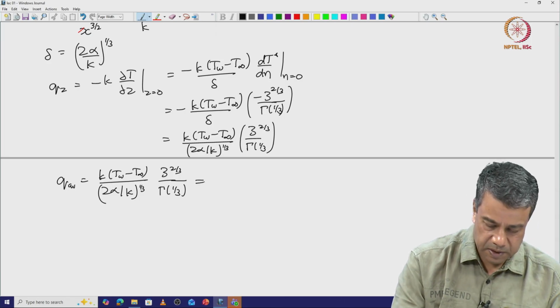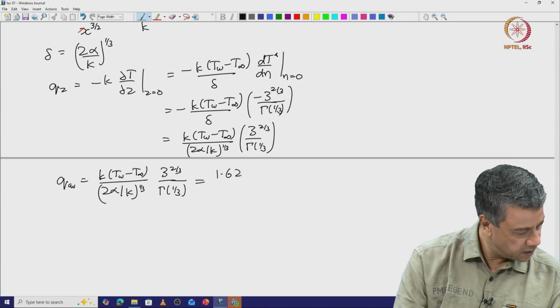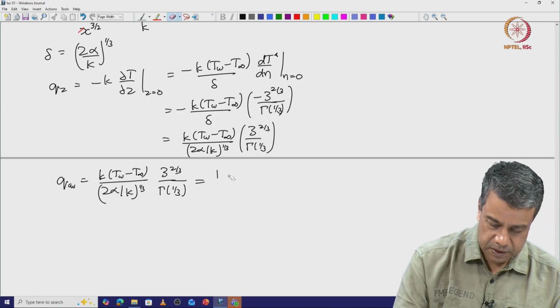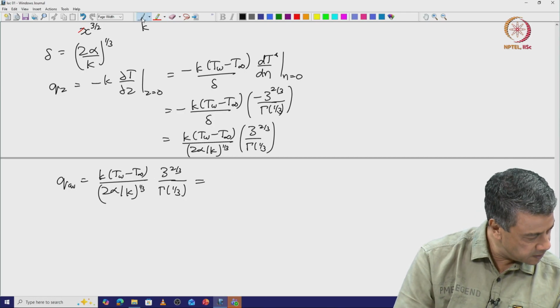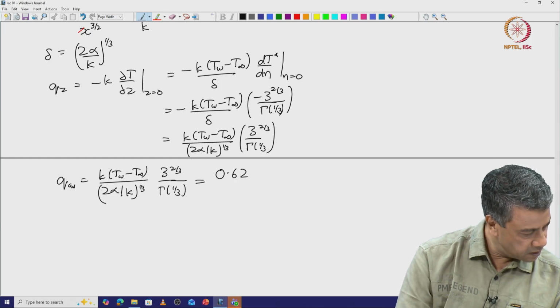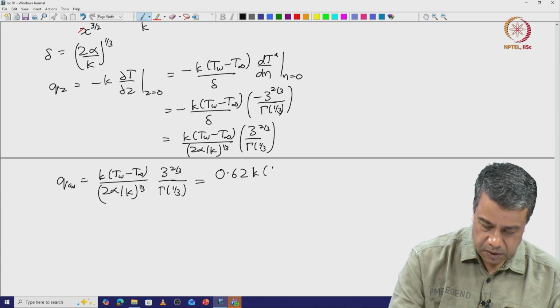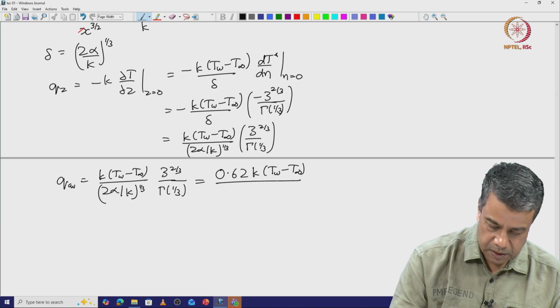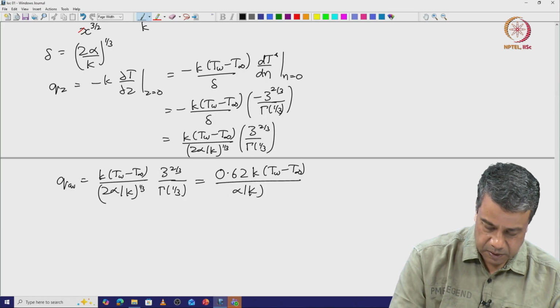And this is approximately 1.62. Sorry, if you do the calculation of all these constants, you will get approximately 0.62 k into T w minus T infinity by alpha by k power 1/3.